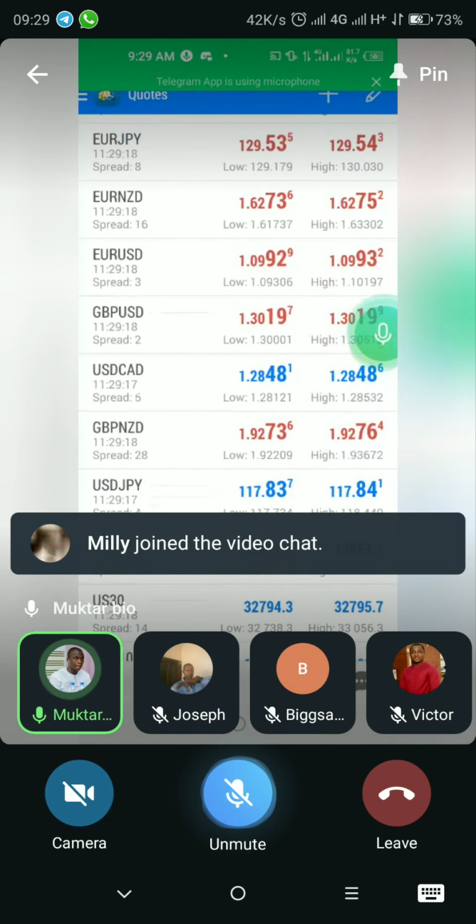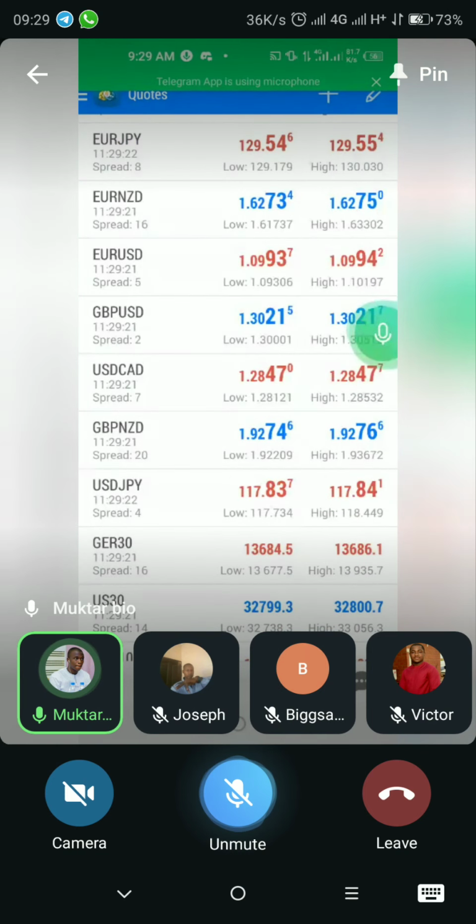If I have US dollar and I want to buy Japanese yen, if I go to the market, they'll give me 117.7 Japanese yen for every dollar I'm bringing. But if I now want to sell, I have my Japanese yen and I want to convert it back into dollar, I will give them 118.4 Japanese yen for every dollar.